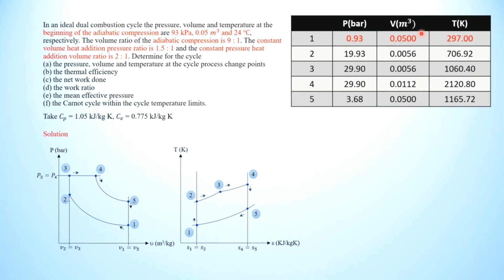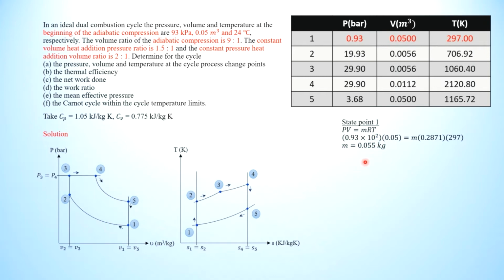Referring to the ideal gas law, you will be able to find out the mass for part A. They have given us the Cp value and the Cv value, so maybe it is a different type of gas. No problem. We apply PV equals mRT for state point 1. We can find out the unknown mass, which is 0.055 kg.